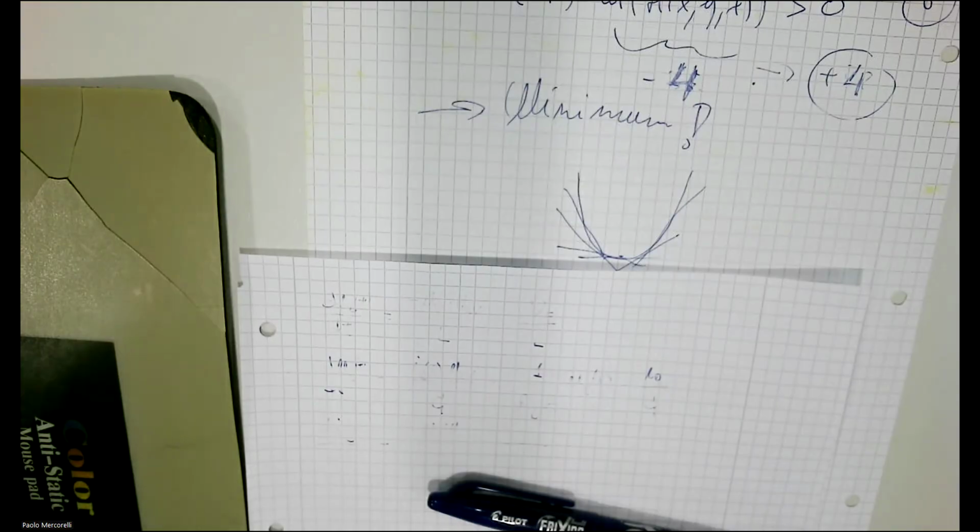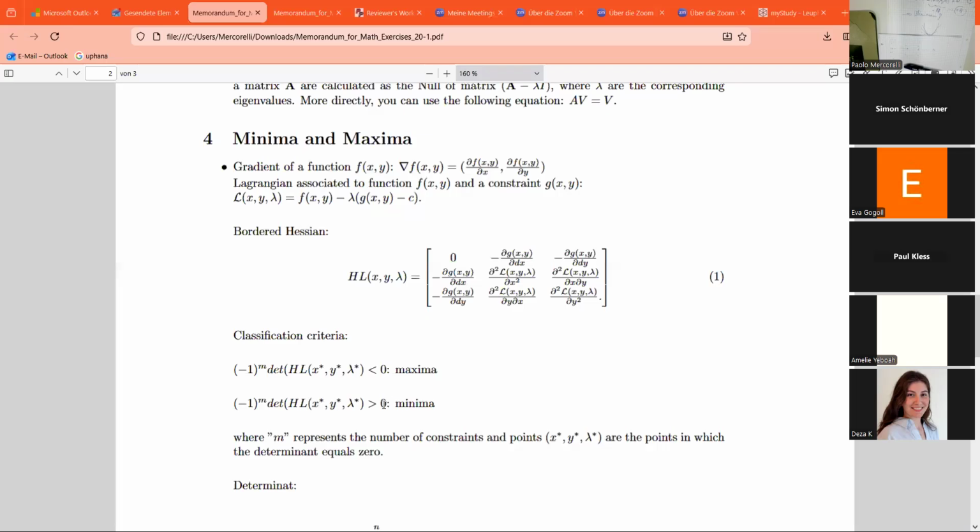Let me show you how you can get this information from the memorandum. This is important now, in order to sum up everything. It's here. M is the number of the constraints. In the exam, we have just 1. At the end, I have to evaluate this product here. The determinant was -4, and here was -1, positive, a minimum.